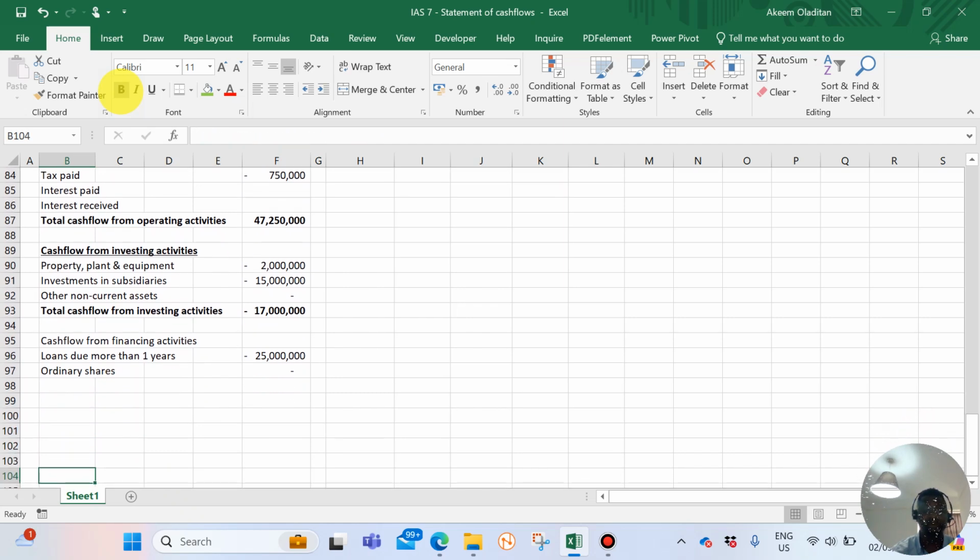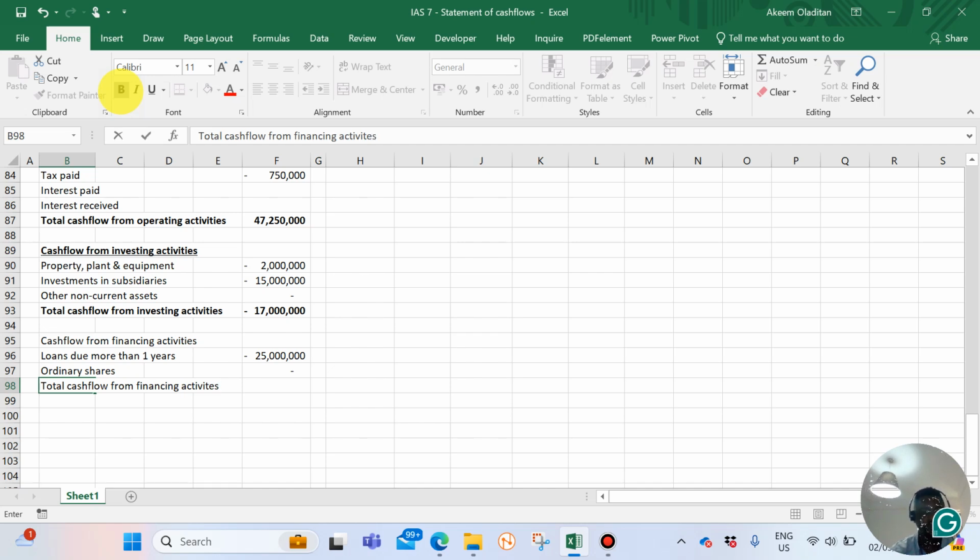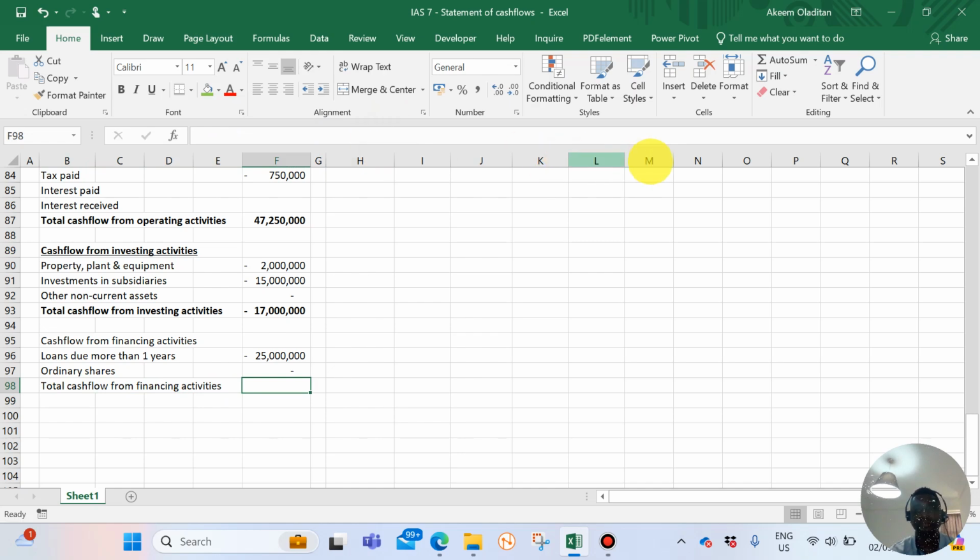So it's looking like a proper cash flow now. Total cash flow from financing activities. Sum all.